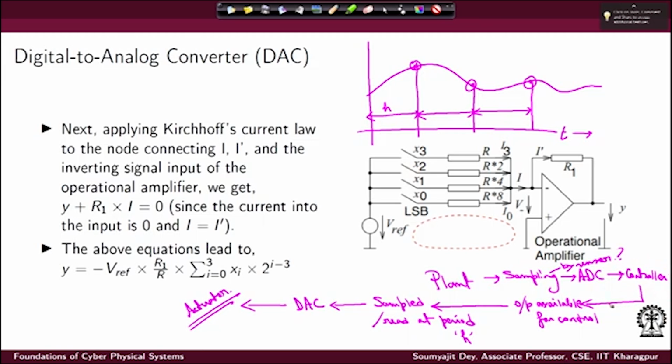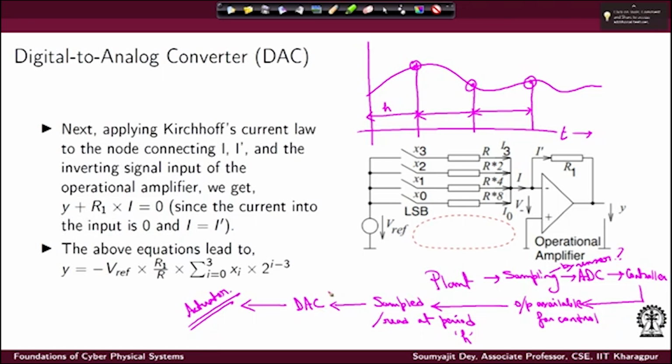The controller is going to compute the output available for control. This output will be read from our output buffer at a periodicity of H, and then it will be converted to an analog equivalent, and that will update the actuator circuit's input at the same periodicity.